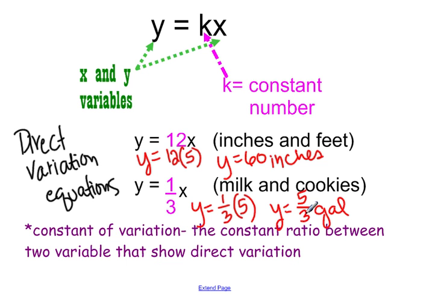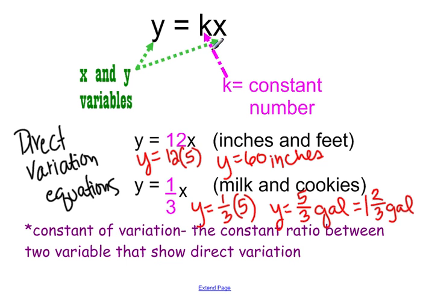We wouldn't really ever say 5/3 of a gallon. It's an improper fraction, which is totally fine, except when we're talking about real life things. It's usually better to turn this into a mixed number. 3 goes into 5 once, with 2 left over. So in other words, I'd be drinking 1 2/3 gallons of milk.